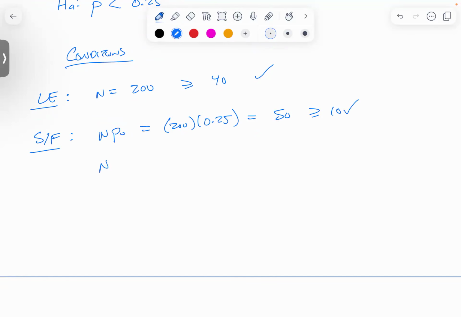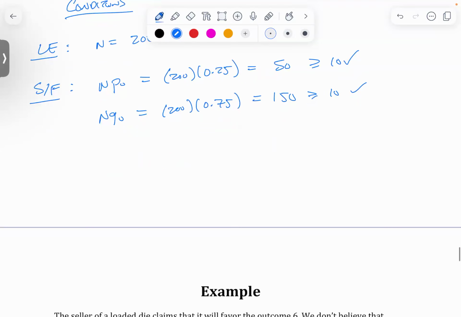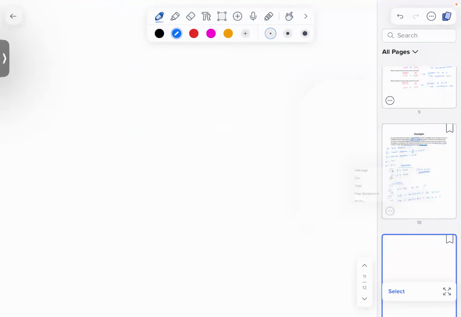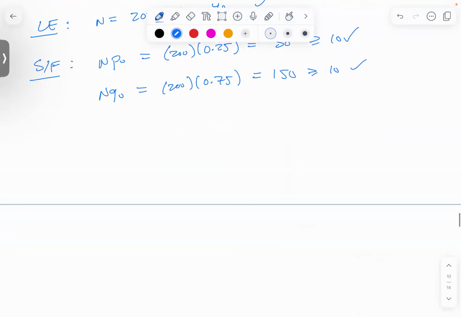Check. n q0, 200 times 0.75, which is 150, greater than or equal to 10. Met. All conditions are met.